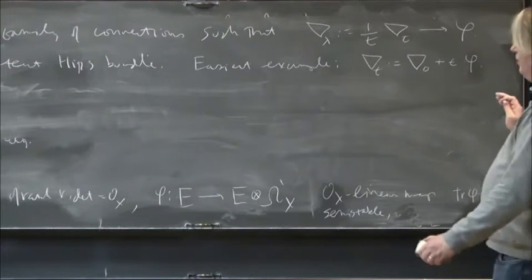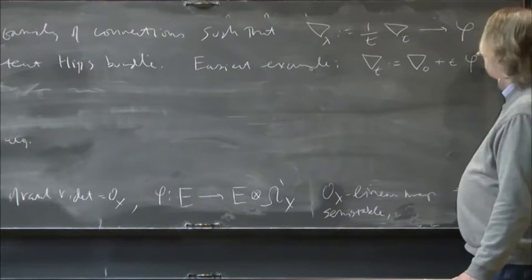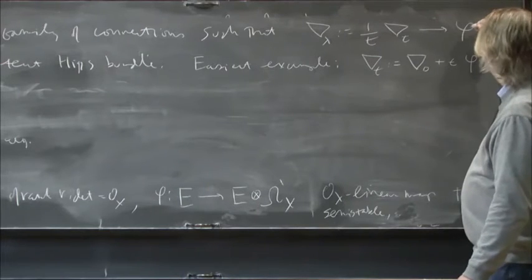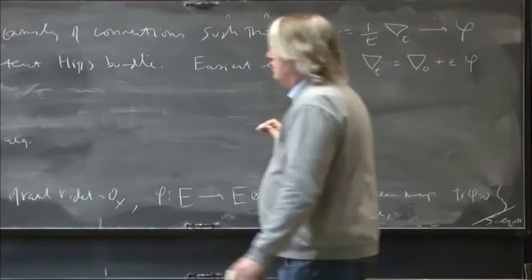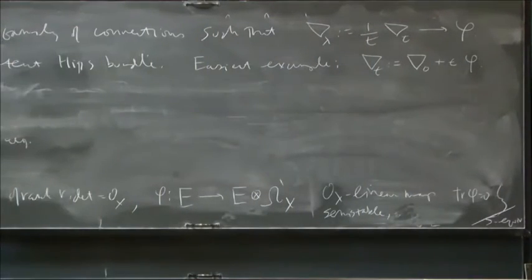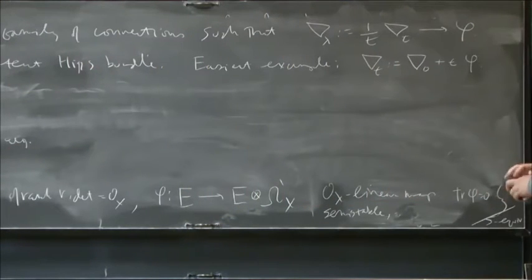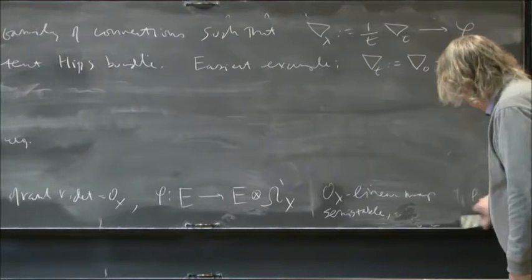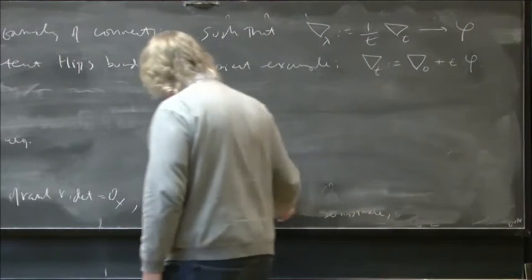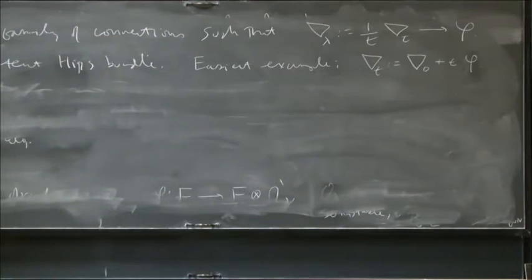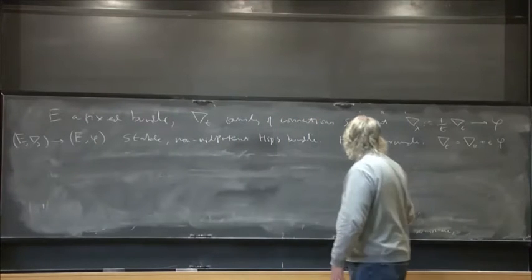I guess this is not really written down anywhere as far as I know, but the picture should be about the same if we do some more general family of connections, and if E is allowed to be, say, a bundle which moves. And I guess that's what's actually going on in some papers of Gaiotto, Moore, and Neitzke. Okay, but just to be completely explicit, let's just choose a family looking like this.